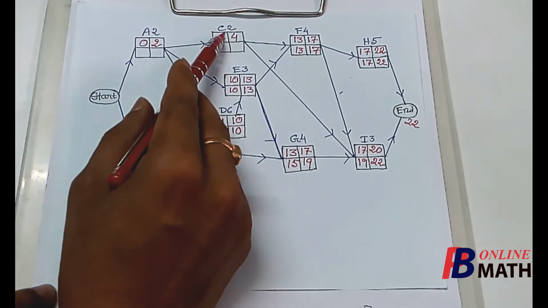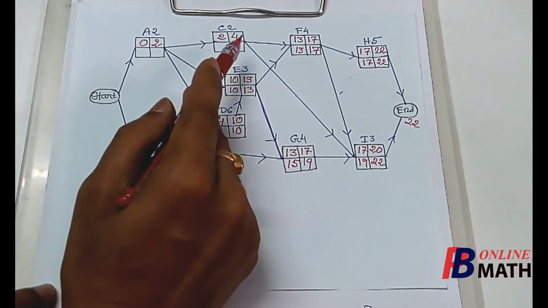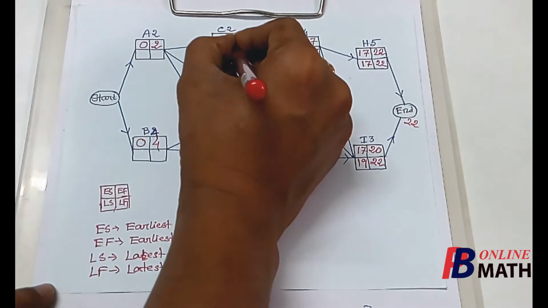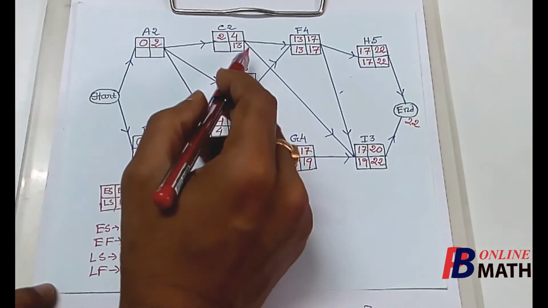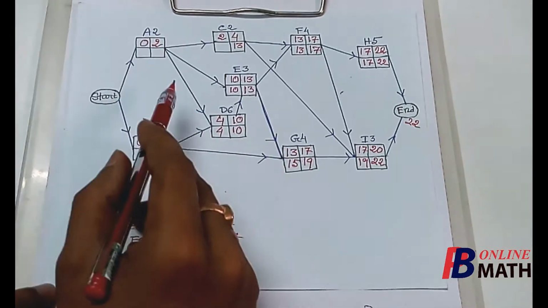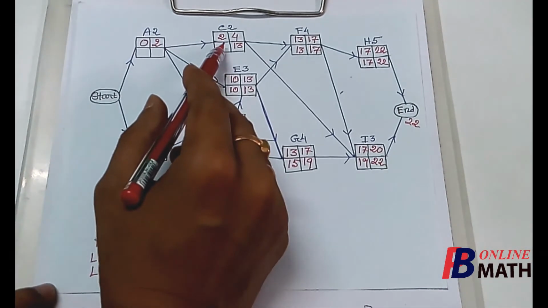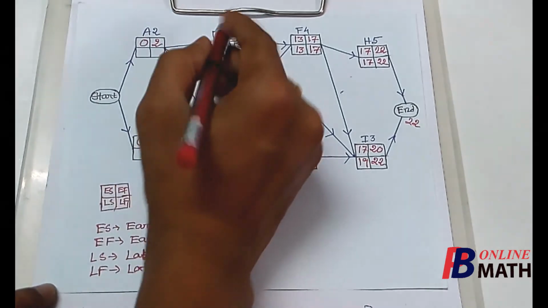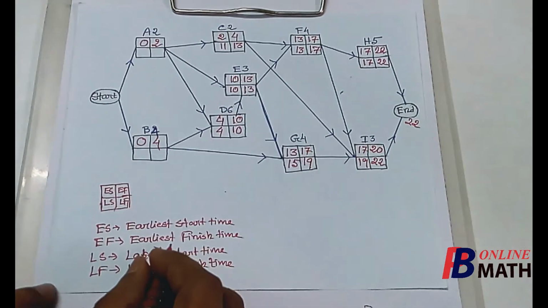So the activity C must be finished latest by 13 days. So this 13 must be the latest finish time of the activity C, and it requires 2 days. So the latest start time will be 13 minus 2, which is 11.